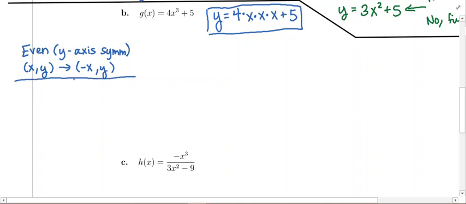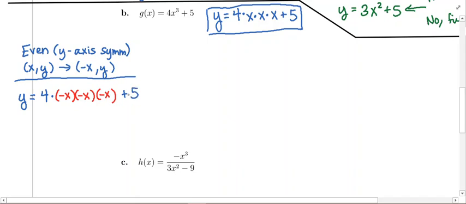So let's do it. Go to your equation in the box. We're going to have y equals 4 times negative x times negative x times negative x. Don't forget the plus 5.